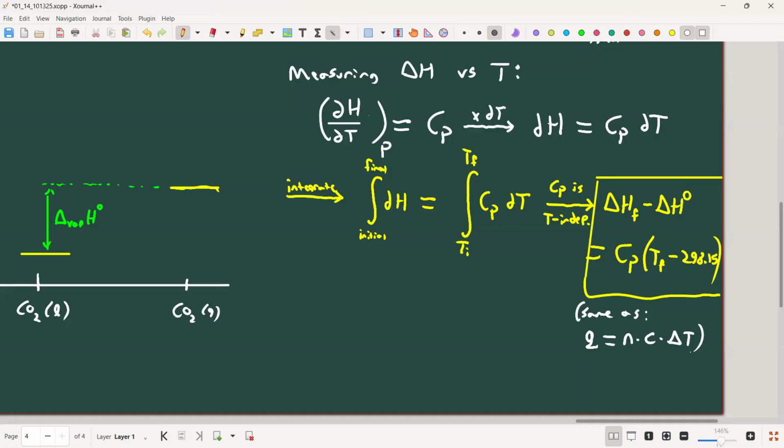But what if the heat capacity is not temperature independent? What if it's temperature dependent? Well, then Cp is a function of temperature, so we have to define the function. It's going to be some number times T squared plus T. I don't know what the function looks like. It'd be a polynomial, and I have to integrate that polynomial.